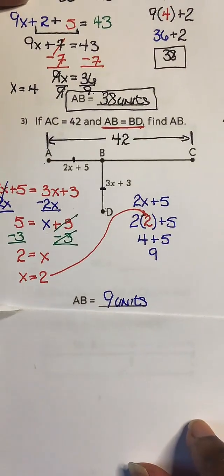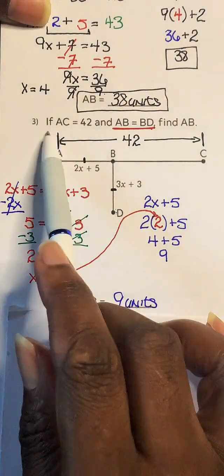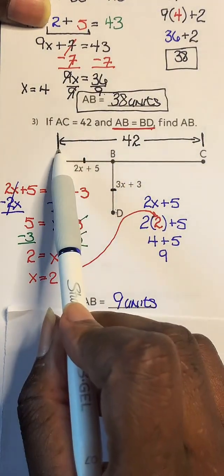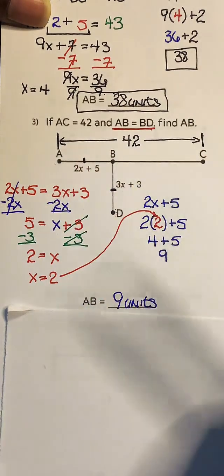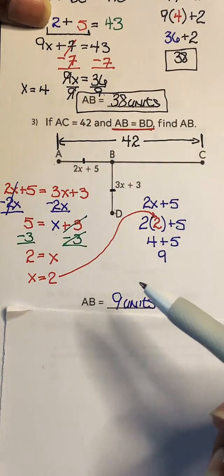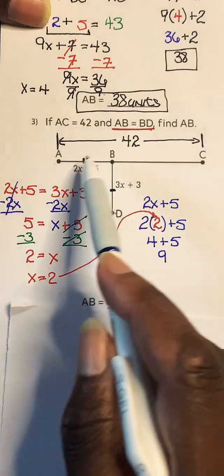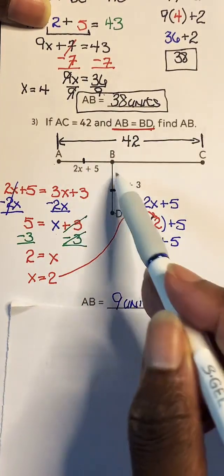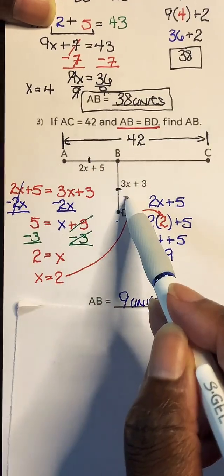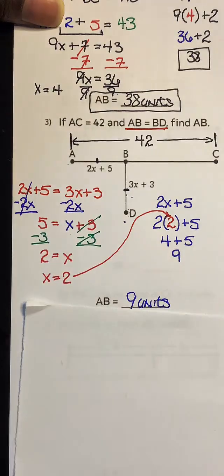So the easiest way to remember how to do this is, first, take a look at the information that they're giving us. See that extra, like what AC was? We didn't need that. Do we know what BC is? No. So that was a little bit of extra information. But this part where they said that AB is going to equal BD, that is the key for us to know that we're going to set both of those expressions equal to each other.